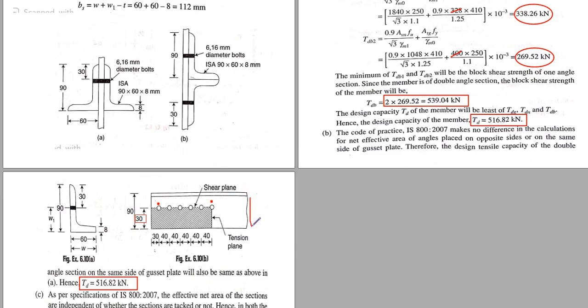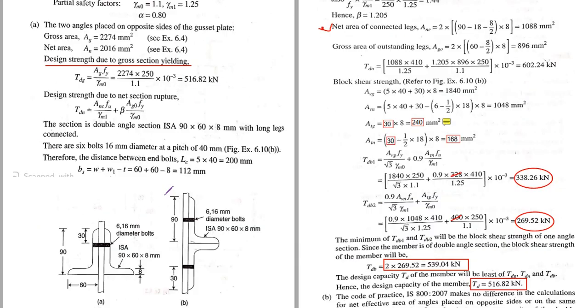If I draw a line through this bolt, then 90 minus 1 bolt hole minus thickness by 2. As I have explained in my previous lecture, 2 for the number of angles, then 90 minus 18 minus 8 by 2 is the length, multiplied by the thickness. That should be in millimeter square.